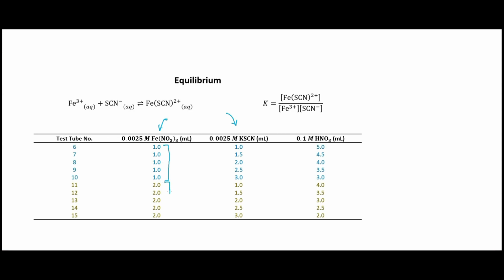Then in the second part, we are putting 2 milliliters of that in, and then we will be adjusting the volumes of the potassium thiocyanate we put in there. And then this is just to make sure that we have this sort of steady concentration of the nitrate right there. And we'll be finding the absorbance for each of these.